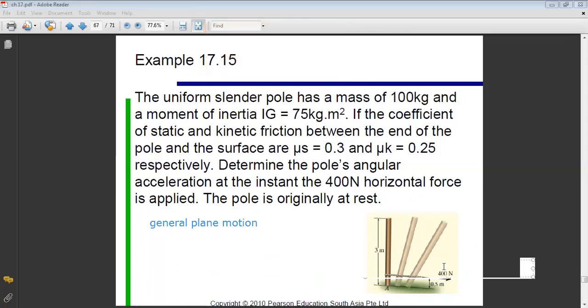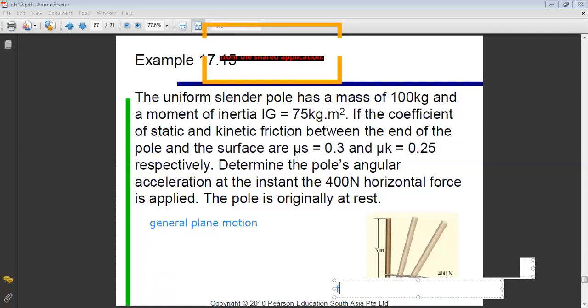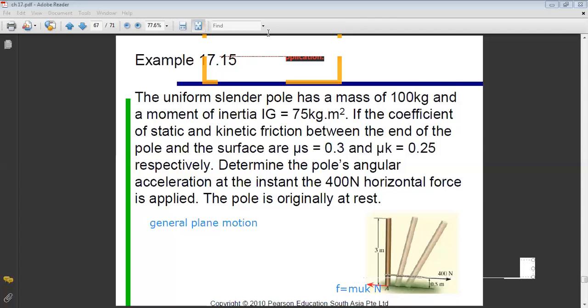If it will slide, what will be my friction, static or kinetic? Kinetic. And once it's kinetic, it's not unknown anymore. So I am sure that F is equal to mu k times N. So F is not unknown anymore because it will be a function of N. I reduce the number of unknowns because instead of having F and N, I only have N unknown.